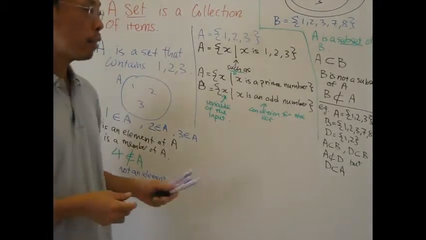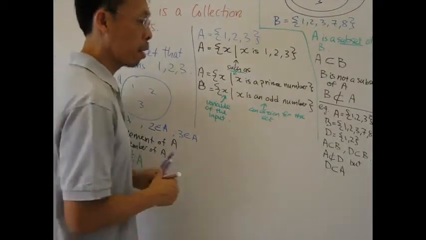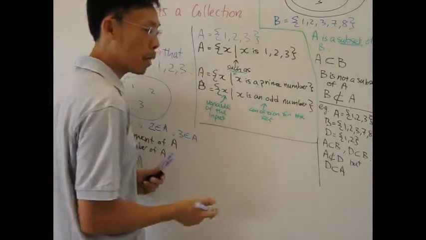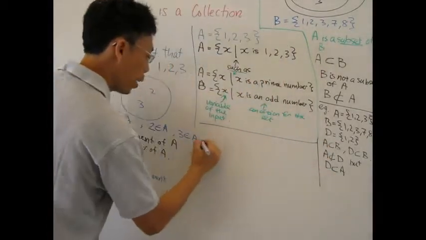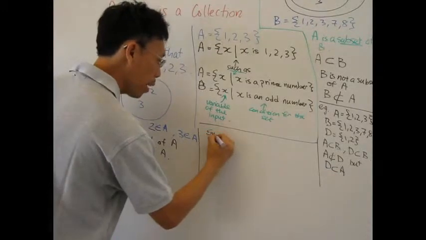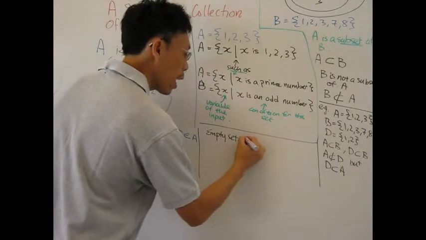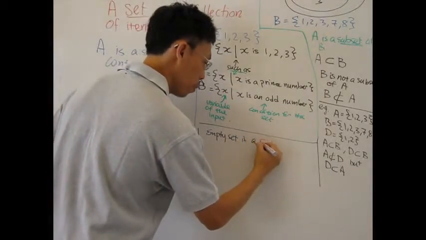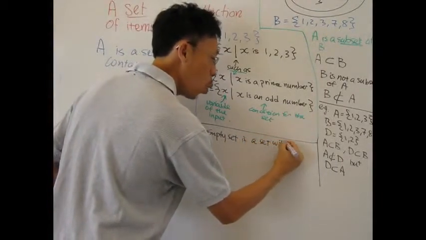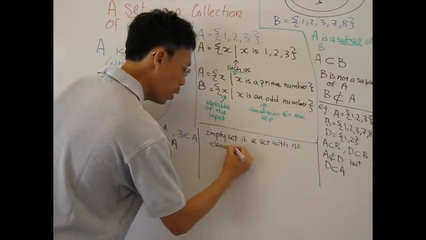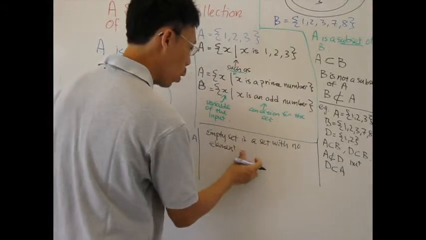And talking about subsets, this is what we call an empty set. An empty set is a set with no elements in it. So what is an empty set?